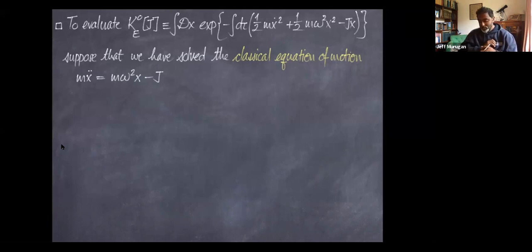But with this J term, there's something on the right-hand side. And this justifies why we call this a source term. Okay, so let's make a note of that. This is why this is a source or driving term.